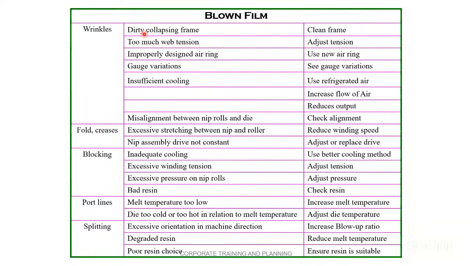Insufficient cooling. If the cooling is not proper overall, then there may be wrinkles on the film. Therefore, you have to use sufficient cooling to avoid this; we want a wrinkle-free film. So what do you have to do?